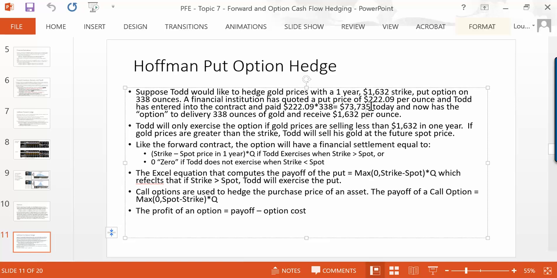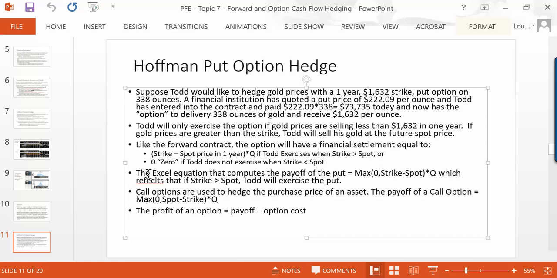And then if the price of gold is below 1632, the gold price falls below that strike, Todd will exercise the put, sell all his gold to the counterparty, and get 1632. If the gold price goes above 1632, say gold's selling for $1,800, Todd will just consider this a sunk cost, and he'll just sell his gold in the spot market at, say, $1,800.